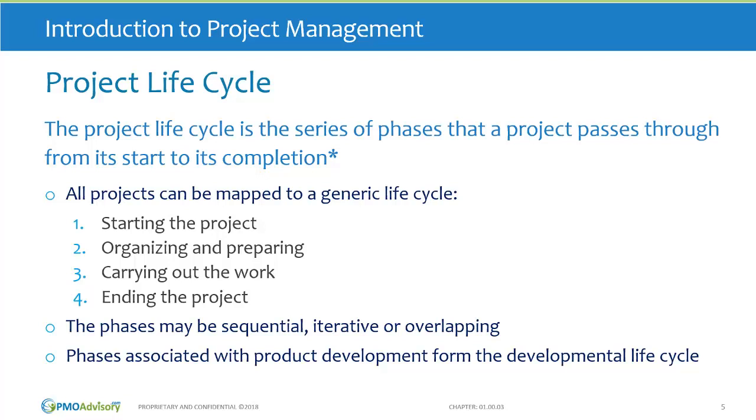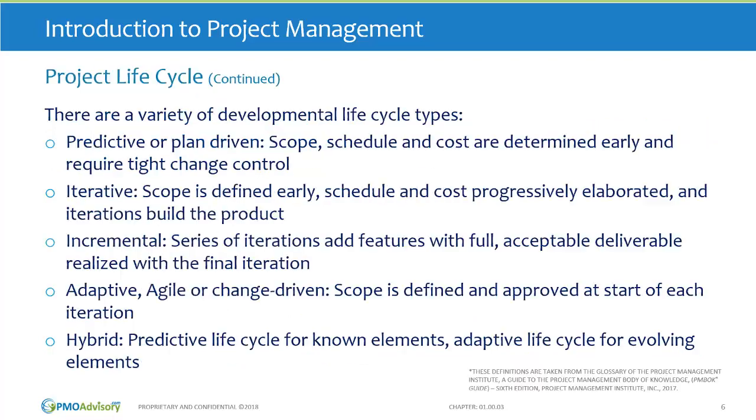Now, the project life cycle is different from the product life cycle. When we're talking about product development as a project, this is referred to as the developmental life cycle. There are several common life cycle types.